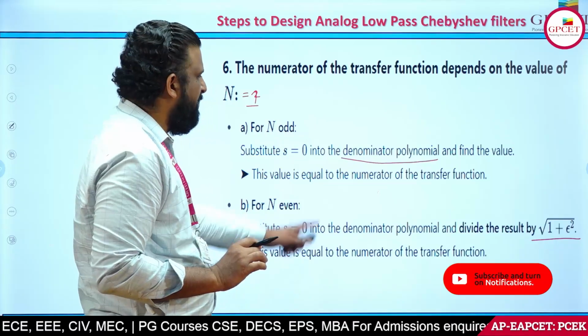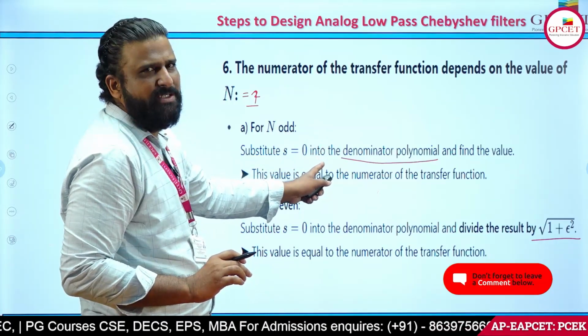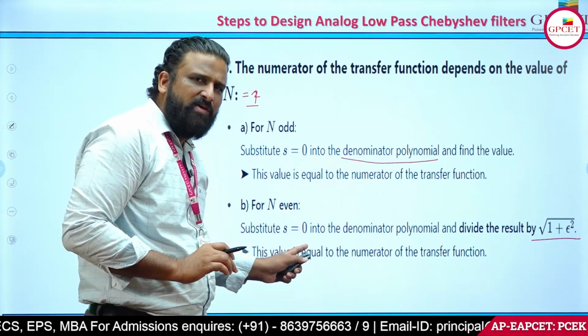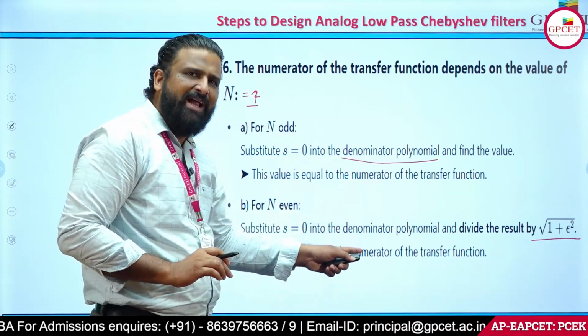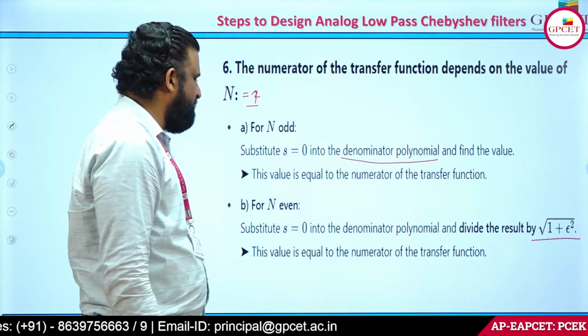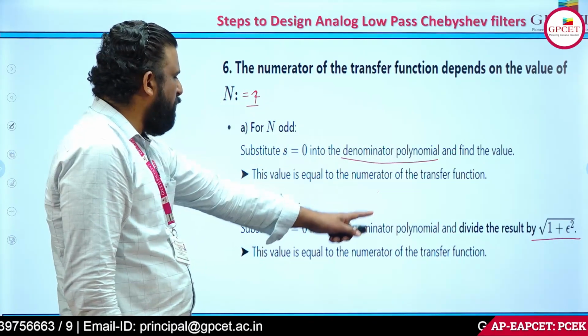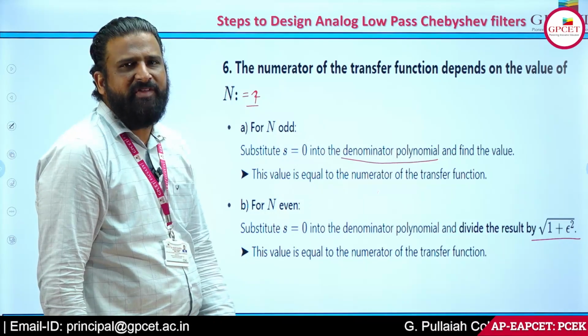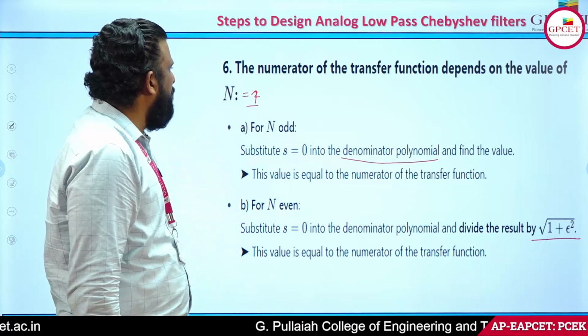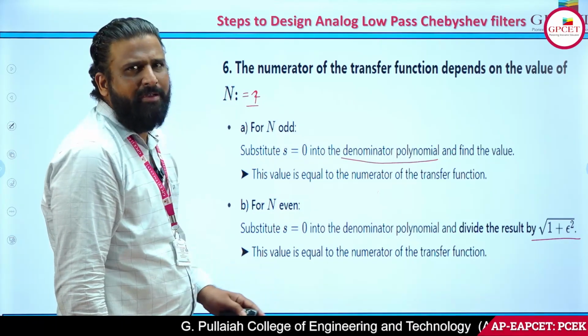Small difference: when n is odd, we just substitute s equal to 0. But when n is even, we substitute s equal to 0, and after getting that value, the result is divided by the square root of 1 plus epsilon square. The value I get will be equal to the numerator of the transfer function. So these are the two conditions depending upon whether n is odd or even.